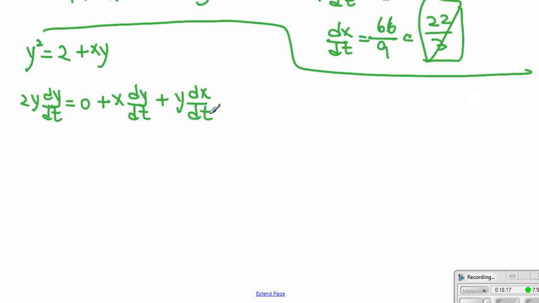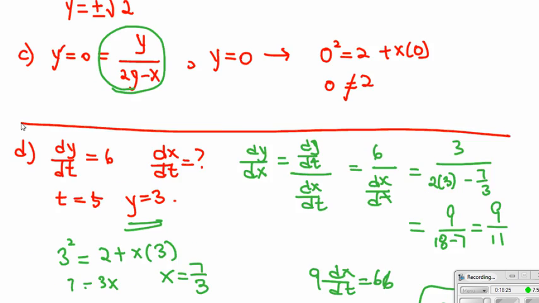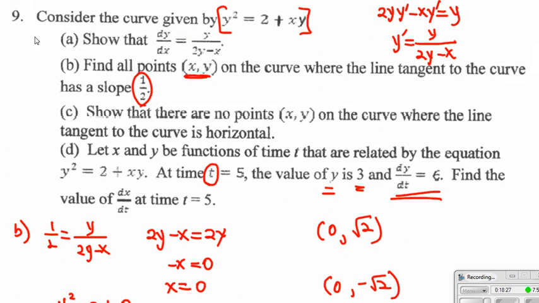Then what we get to realize is, we know many values, and the value of x was equal to 7 over 3, using the same thing as the earlier one.